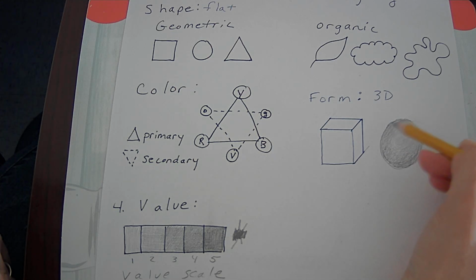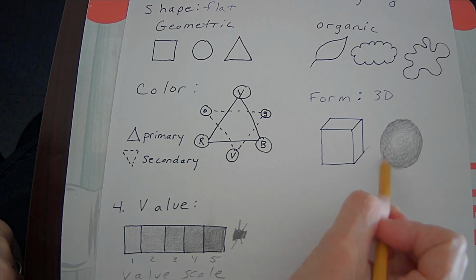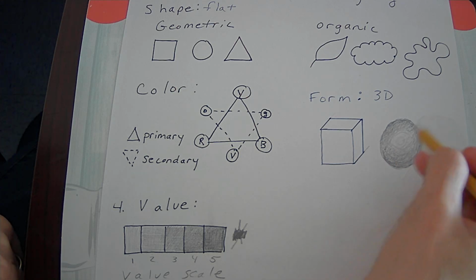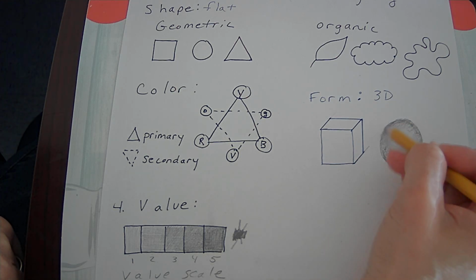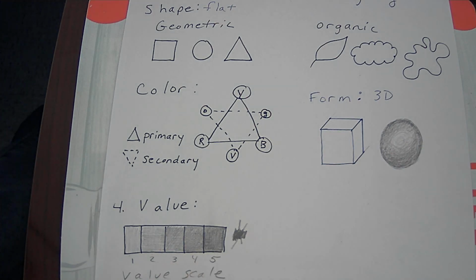So if something doesn't have sides, it needs shading to show that it is 3D when we're creating the illusion. Okay, build up your values real good.